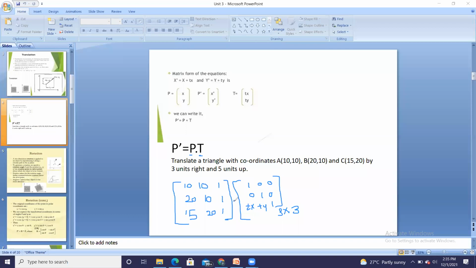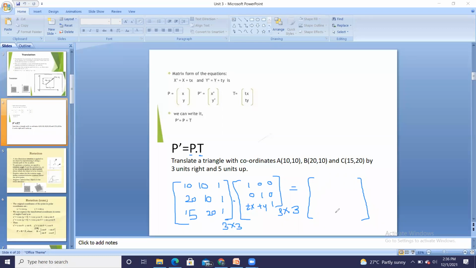And when we perform the multiplication between these two, then I will get a result. And what is the order of that result? This is your original P matrix. What is the order of this P matrix? It is 3 by 3, 3 rows and 3 columns. Similarly, this T is also 3 by 3.